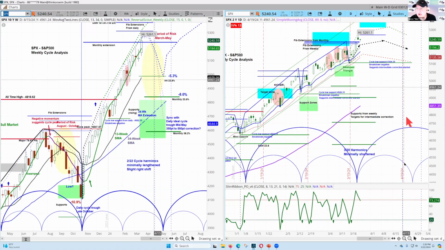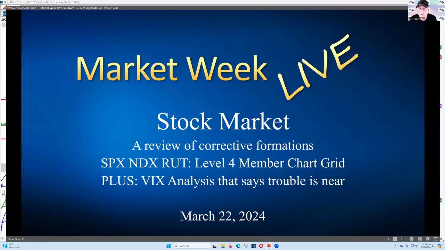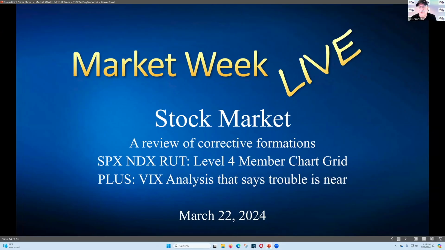And that is why we look at some of the evidence analysis that gives us a great sense for the overall conditions of the market. So I showed you the corrective formations, why it's so likely that there's going to be a pullback in the next month or two. Looked at the S&P 500, showed you all of those conditions. They're all still positive.